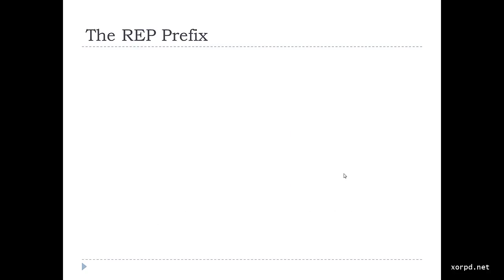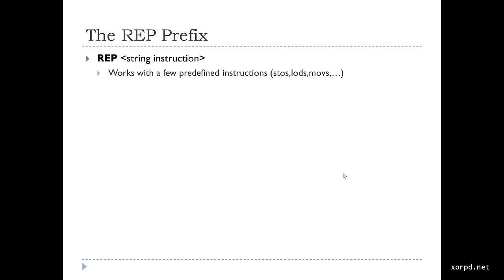Let's talk about the REP prefix in a more detailed fashion. It looks like this: rep and then a string instruction. This is the general syntax. I want to mention that rep works with a few predefined instructions. For example, stos, lods, movs, and two other instructions that we are going to see here.